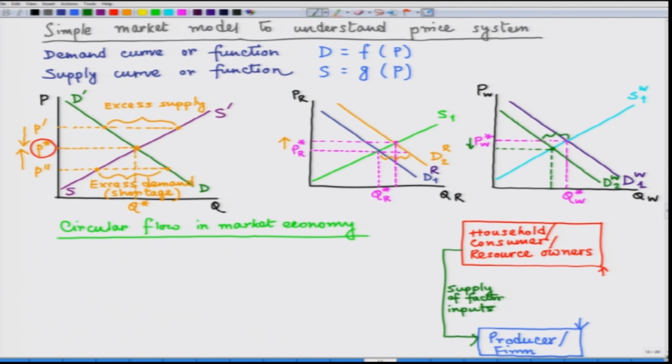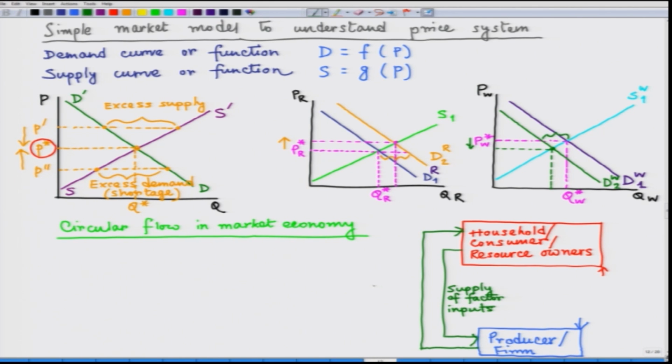Why will they approach farms or producers? Obvious reason, because the producer of the farm needs to produce some output, and for that they need these resources or factor inputs. So, of course, there is this arm which represents the demand for factor inputs, and this is flowing from the producer or farms box to the households box.